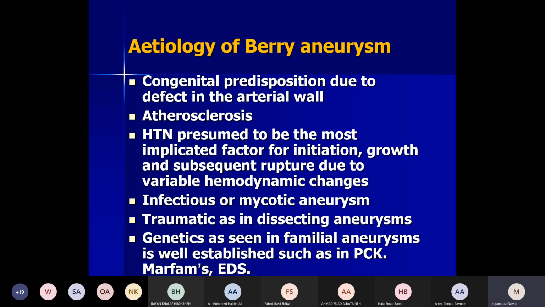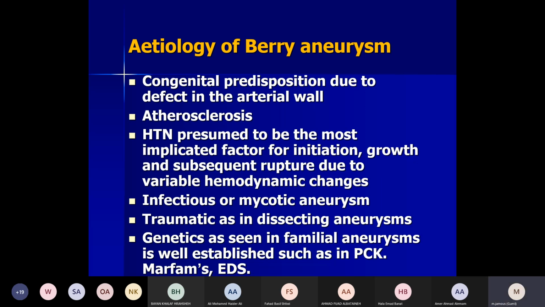This inflammation will extend to the adjacent media and adventitia, leading to fibrosis and sclerosis of the vessel wall, and this leads to a weak point in the vessel wall. This weak point will lead to the development of the aneurysm.